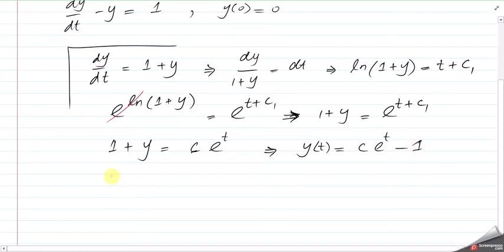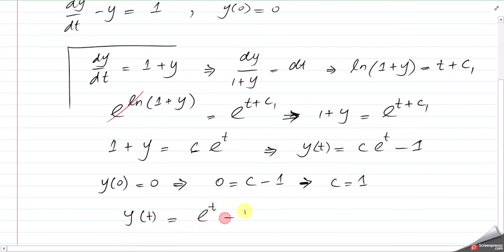If we put the initial condition y of 0 equals 0, this implies 0 equals c minus 1, or in other words, c equals 1. So our answer is y of t equals e power t minus 1. So that is our answer.